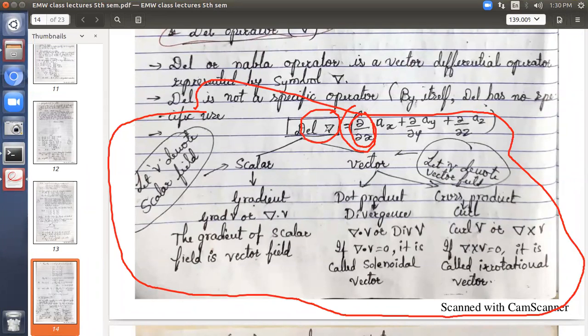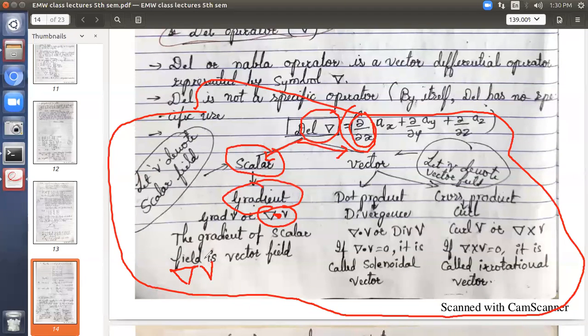Okay, so if you associate a del operator with either a scalar or a vector, if you associate del with a scalar, it is called a gradient. It is denoted as del V. Don't take this dot. It is not dot. You have to simply write it like this, del V. That's it.